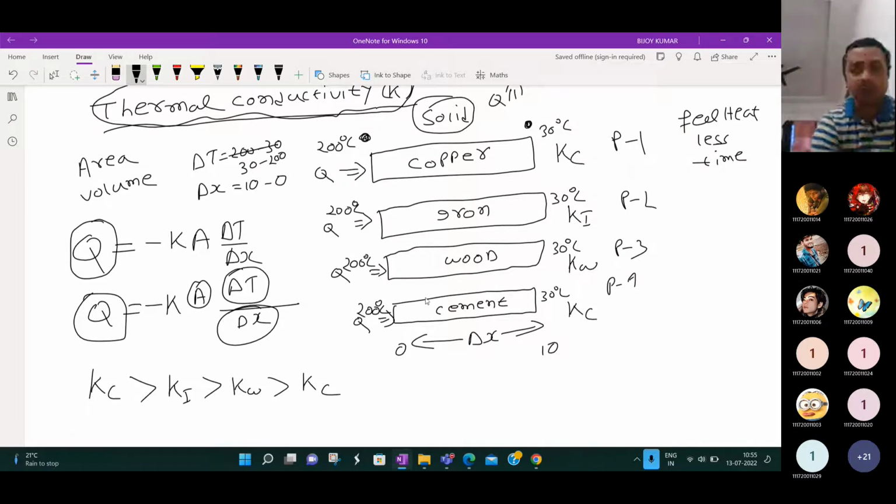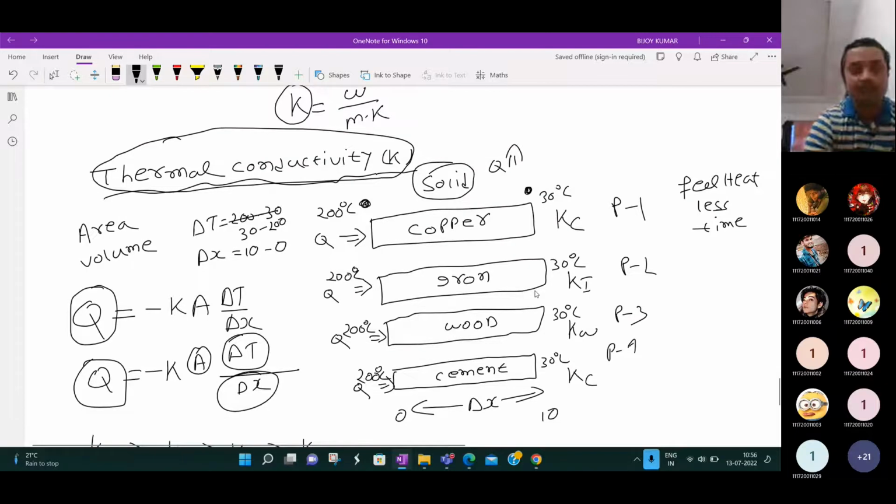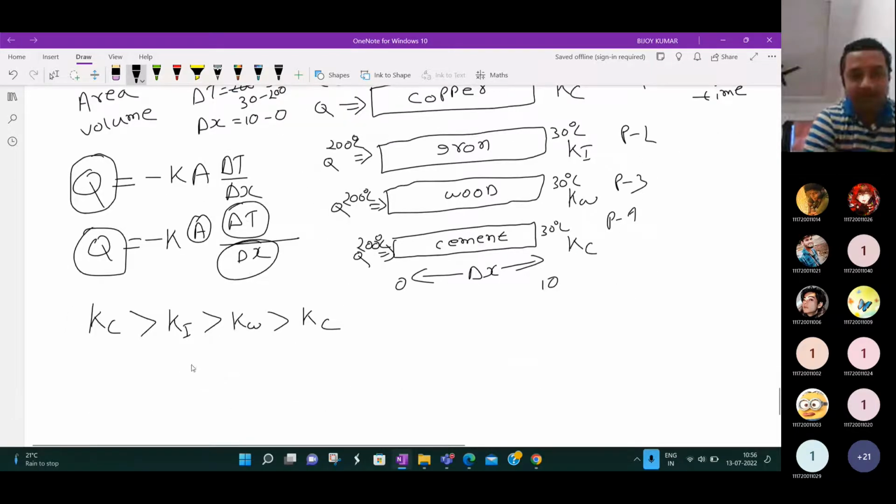In all 4 cases, area is the same, delta T is the same, and delta X is the same. So K for copper is more, so you will find Q is more here. K for cement is less, so you will find less heat transfer. So what defines the rate of heat transfer in conduction? The most important thing is thermal conductivity, and the thermal conductivity is defined according to the nature of the object or material.